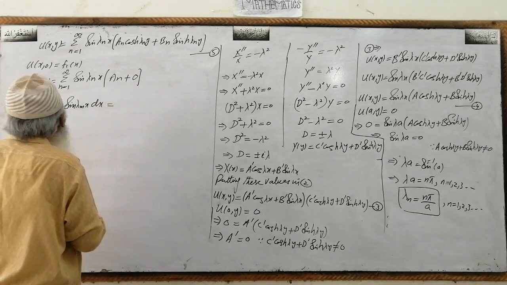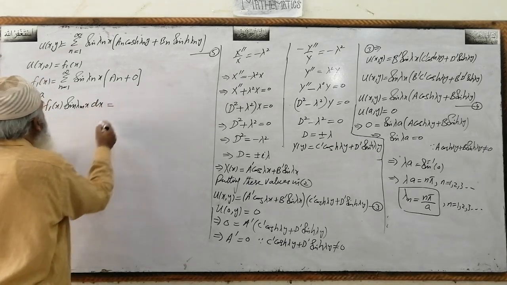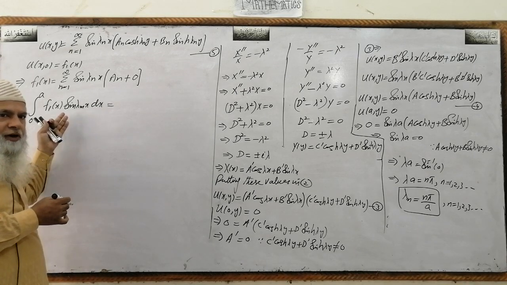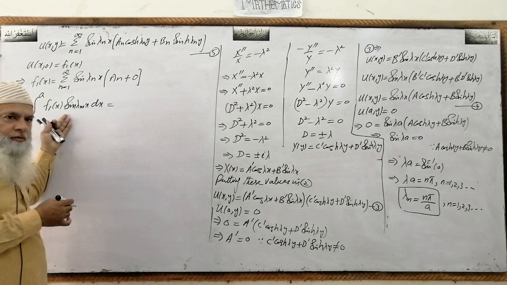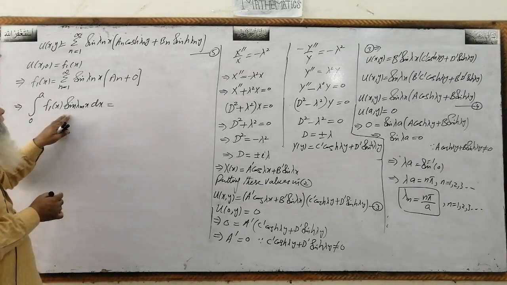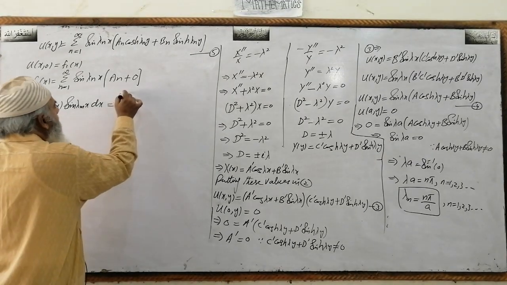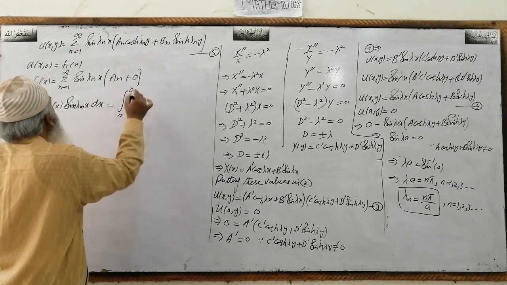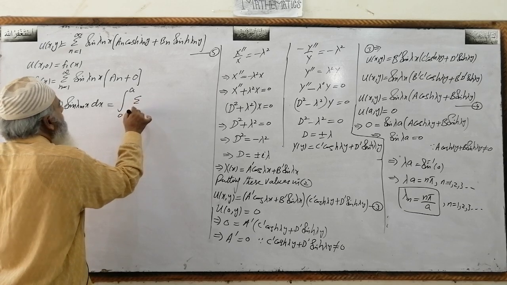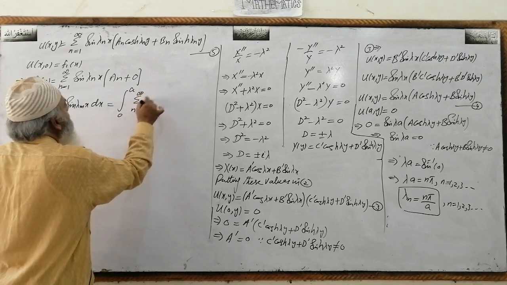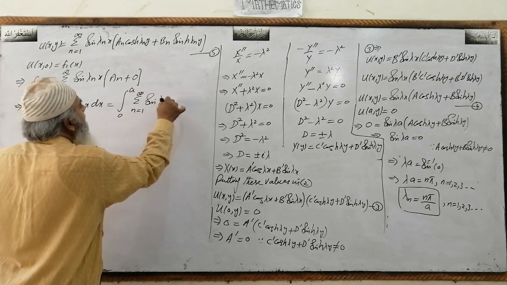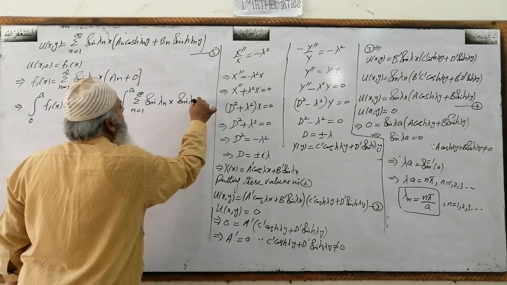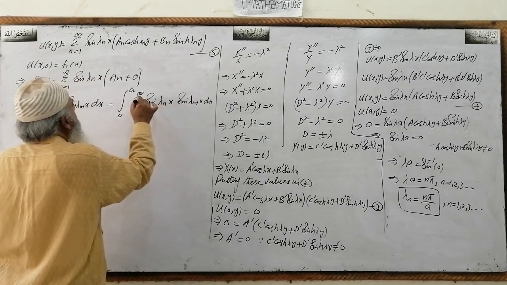The answer will come shortly. You have to do this operation on both sides. On the left hand side you have multiplied with this, and on the right hand side you will also integrate from 0 to a, sigma n varies from 1 to infinity sine lambda n x sine lambda m x dx, and here we have a_n.